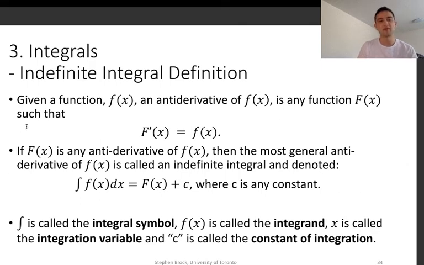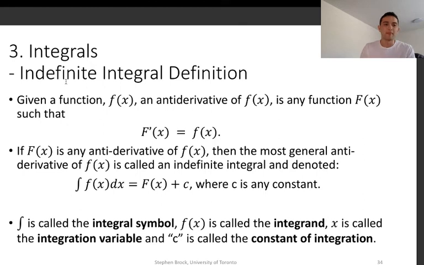If capital F of x is any antiderivative of f of x, then the most general antiderivative of f of x is called an indefinite integral and denoted by the integral of f of x dx equal to capital F of x plus c, where c is any constant.